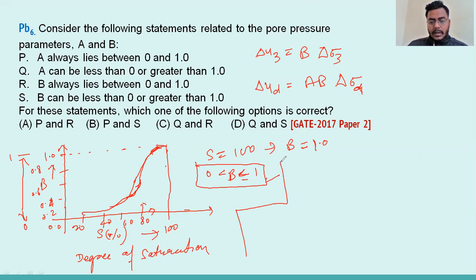Now let's discuss what is the variation curve for A. So here is the AF, I will tell you what the AF is, and here is the over consolidation ratio.